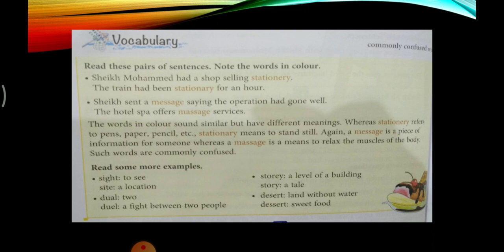Storey, STOREY, a level of a building, and story, a tale. Again, tale, TALE, not TAIL. Then desert, DESERT, land without water, and dessert, DESSERT, the yummy sweet food that we have after our meal course. Okay, so these are few examples of commonly confused words.